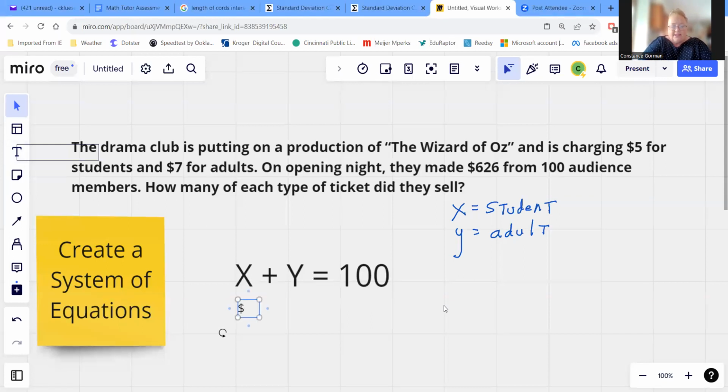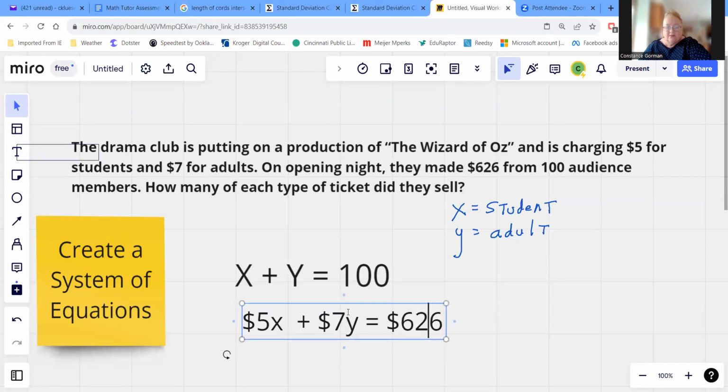So it makes sense that the total amount they took in would be $5 times the number of student tickets, which is X, plus $7 times the number of adult tickets, and that should equal $626. Let me make that bigger.